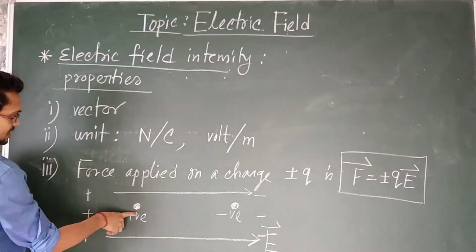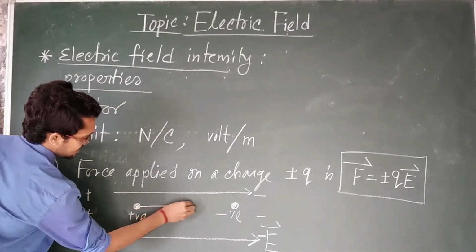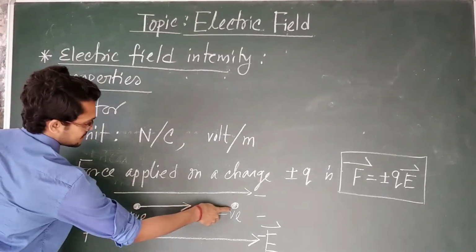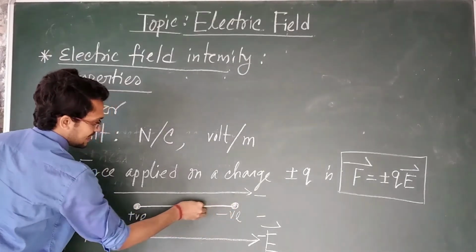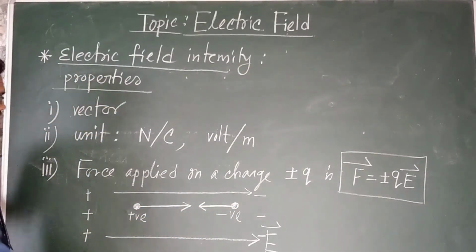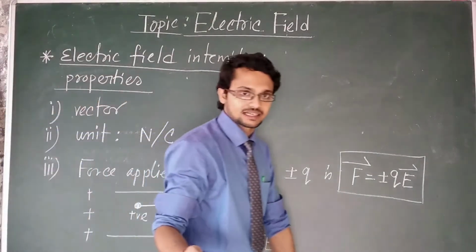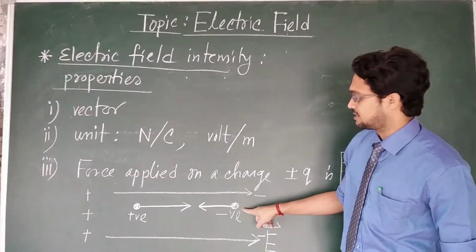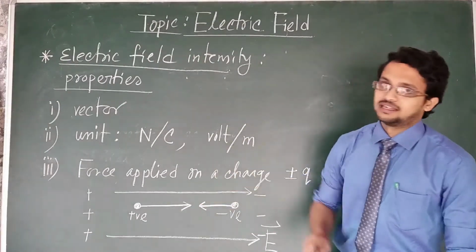Then this positive charge will move in the direction of electric field, and this negative charge will experience a force in the opposite direction of electric field. So the positive charge experiences force in the direction of electric field, and the negative charge experiences force in the opposite direction of electric field.